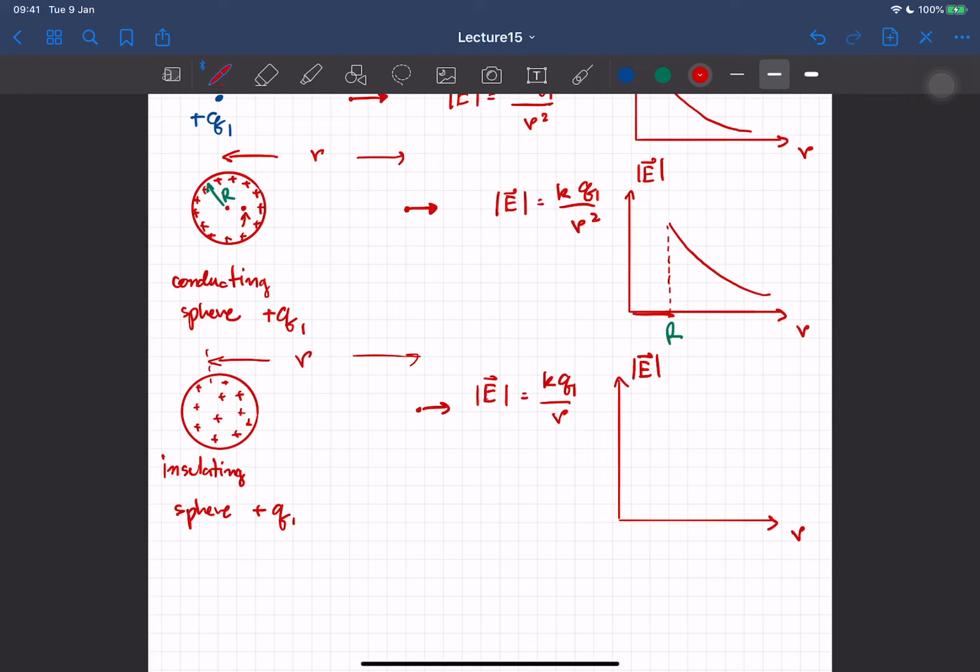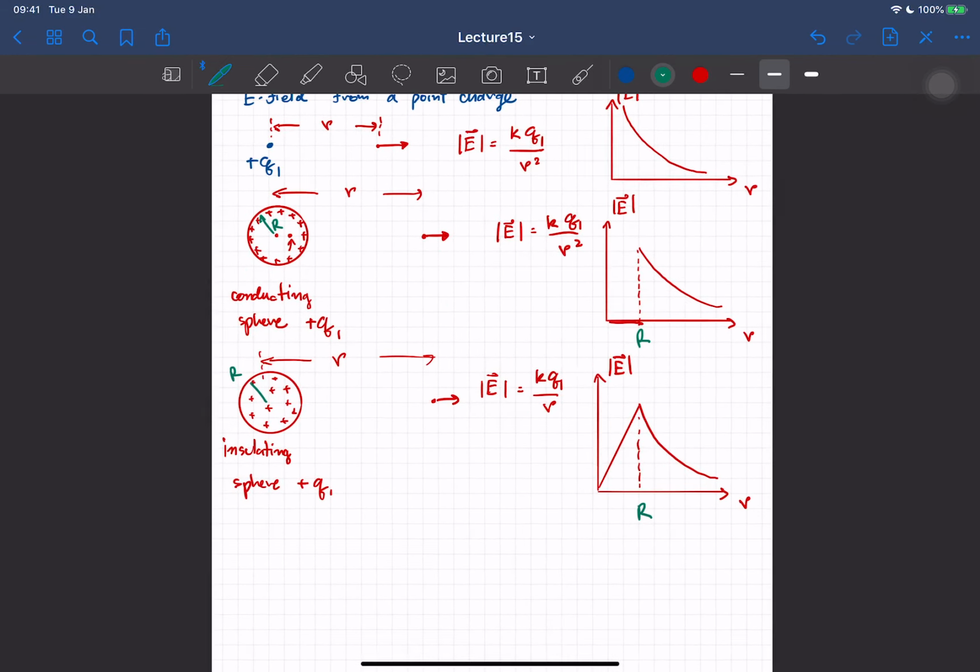But outside is the same formula. So outside, they look the same thing. It's 1 over r squared. But it can be shown, and we're going to show this later when we study Gauss' law, that the electric field inside is going to be actually linear, like this. And this is going to be r, which is the radius of the sphere.